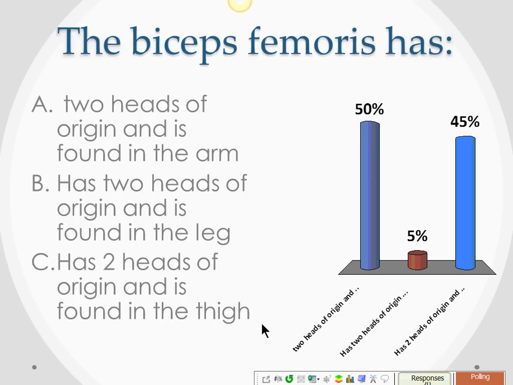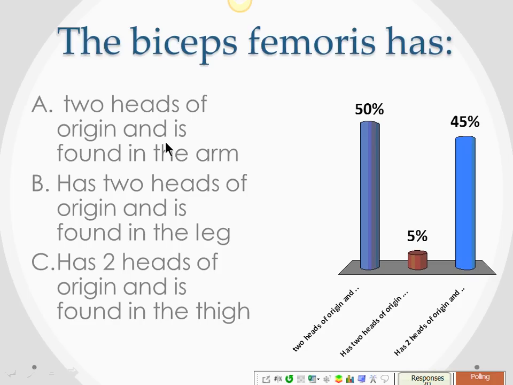The correct answer is has two heads of origin as found in the thigh. Now here's where you should not forget your skeletal system. Remember, the femoris is femur, has to do with femur, and femur is the thigh bone.